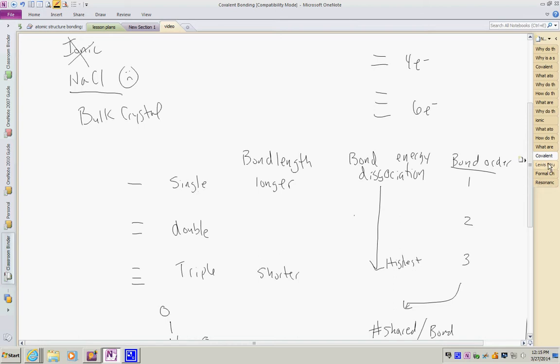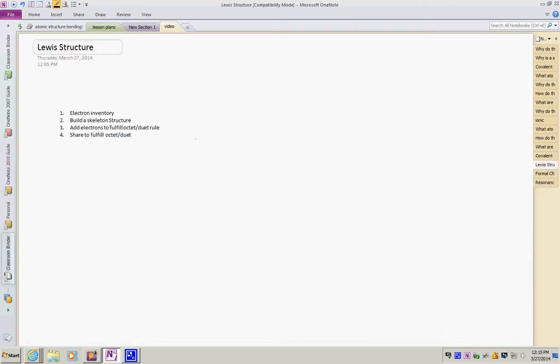Now, when creating a Lewis structure, we're looking to create a model of our molecule. You'll want to be very good at this and be able to go very quickly with this. Start out with something simple, like water, H2O. Step 1 is electron inventory. This is only for valence electrons.